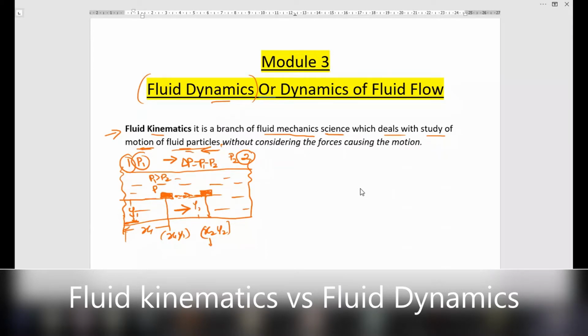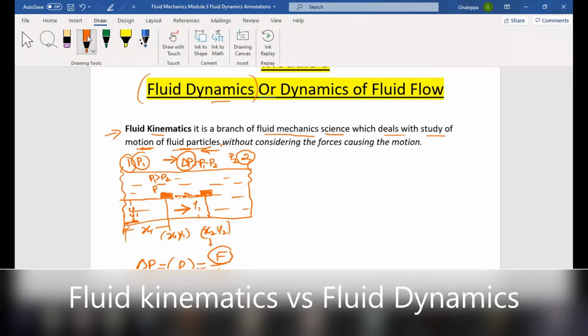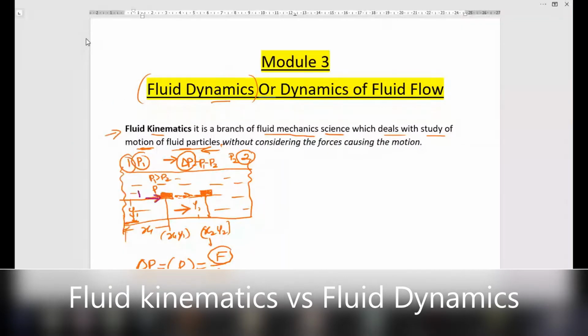So first, keep in mind that delta P is the pressure difference between two points, and that is the reason the fluid is in motion. Pressure is equal to force by area. So there is some force acting on this fluid particle, F is the force applied on it.